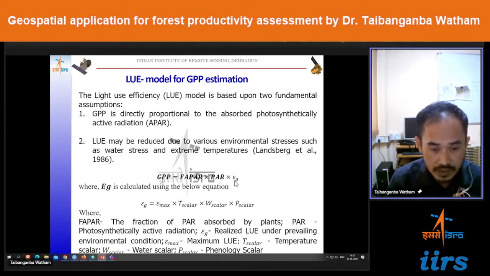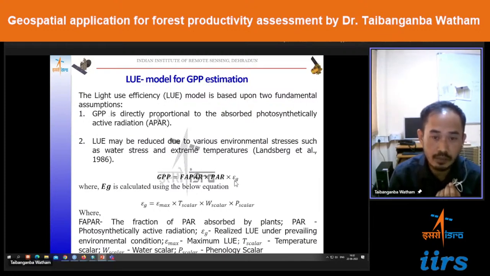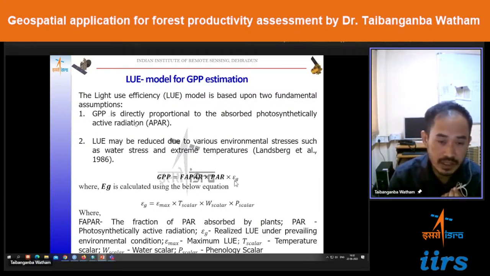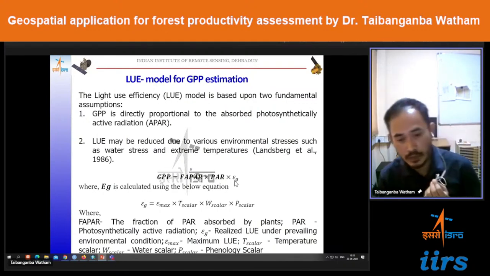If you see the equation, GPP is equal to FPAR into PAR into epsilon. The first two black components, FPAR into PAR, relate to the first point stated here, that GPP is directly proportional to the absorbed photosynthetically active radiation. This PAR is meteorological data, the instantaneous or daily incoming solar radiation, or the photosynthetically active radiation available for the plant at that point of time.